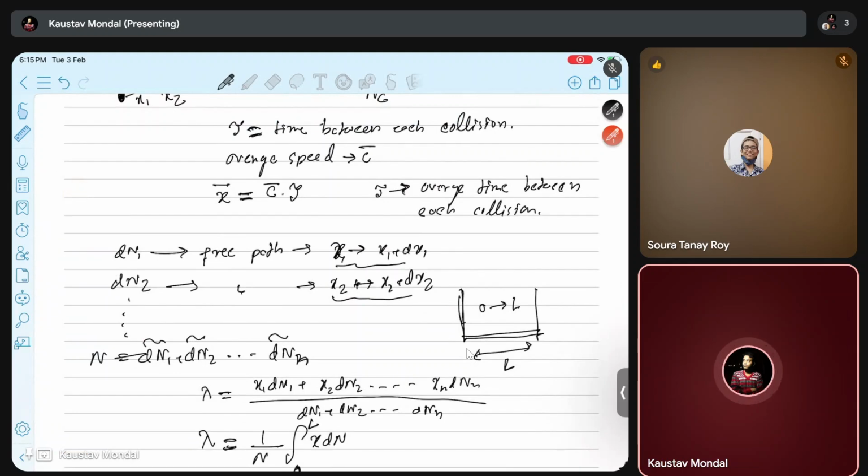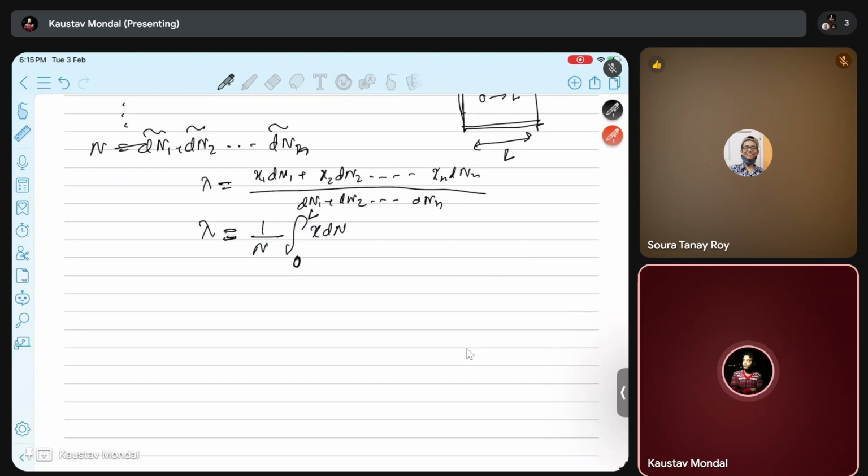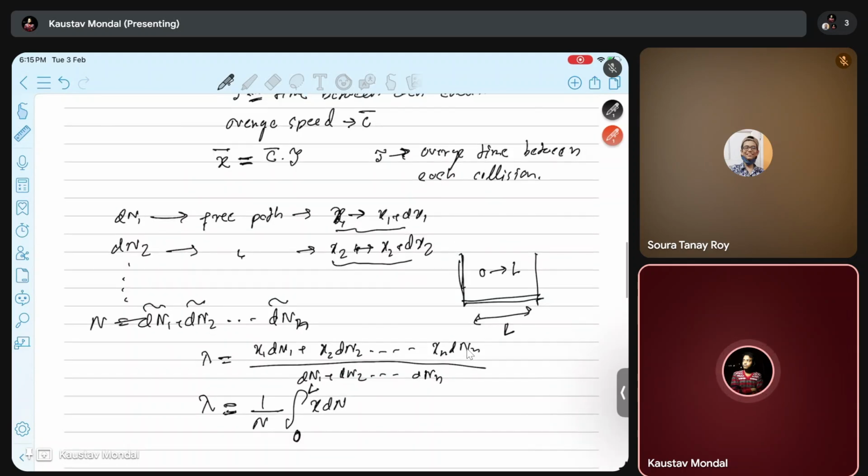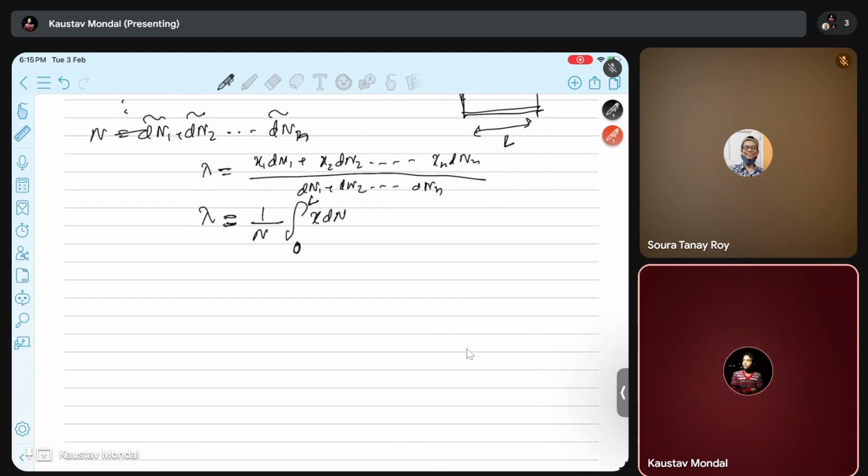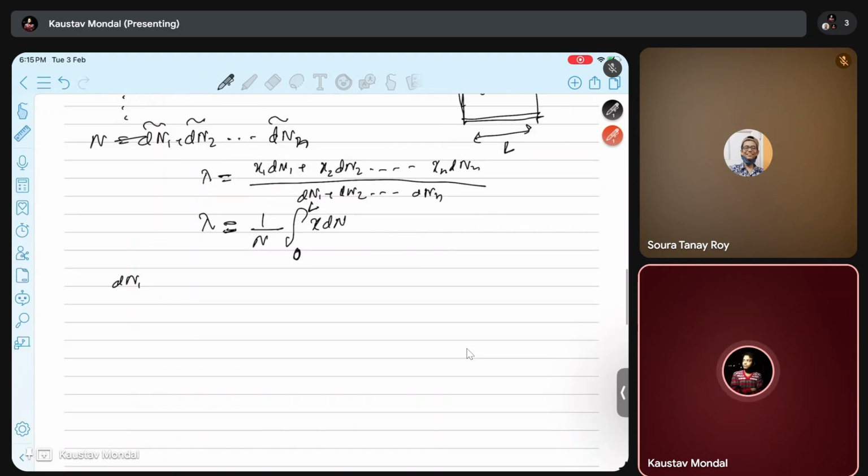Similarly, you can also calculate the frequency of collision, the tau. It's the same way. Suppose dn1 molecules have collision time t1 to t1 plus dt1, and dn2 has t2 to t2 plus dt2, and so on.